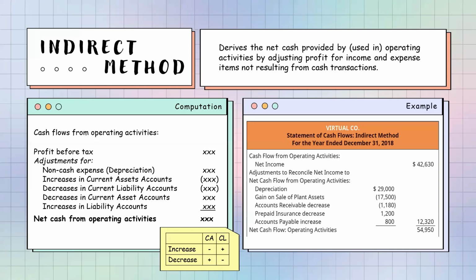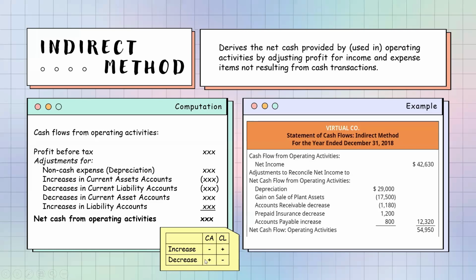So, mababasa natin sa book yung increase and decrease ng current asset and current liability. So, paki-take note siya. So, kapag nag-increase ang current asset, meaning nililess natin. May illustration dito sa baba yung maliit. So, kapag increase yung current asset, nililess. Pero kapag nag-increase ang current liability is ina-add natin.